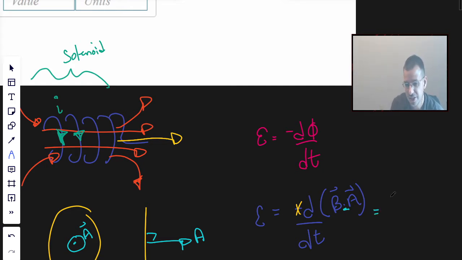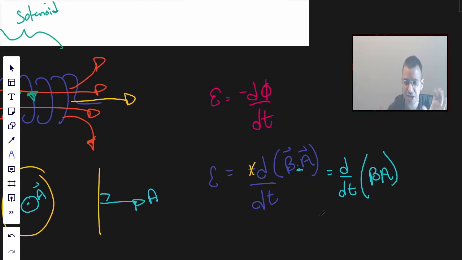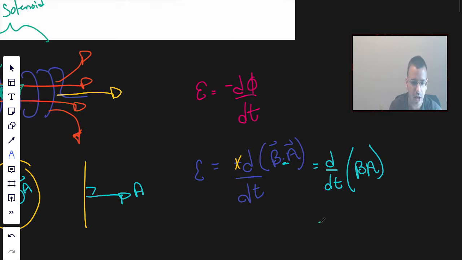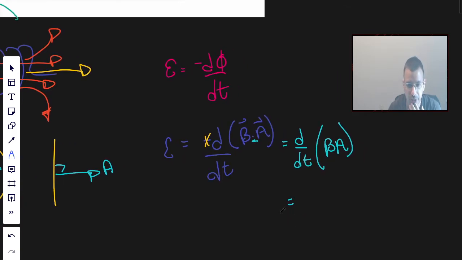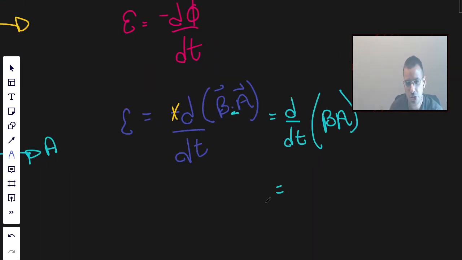So we can rewrite this as d dt of magnetic field times area. There are a lot of simplifications that went on there. You can kind of just assume them, but the problem is written in such a way that they actually are implied and stated.